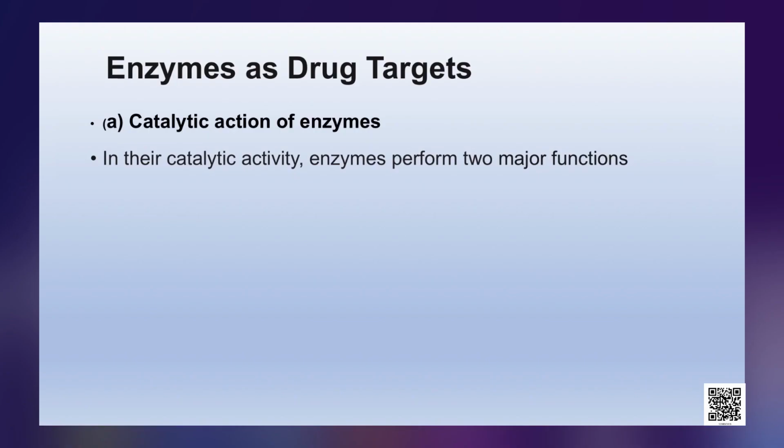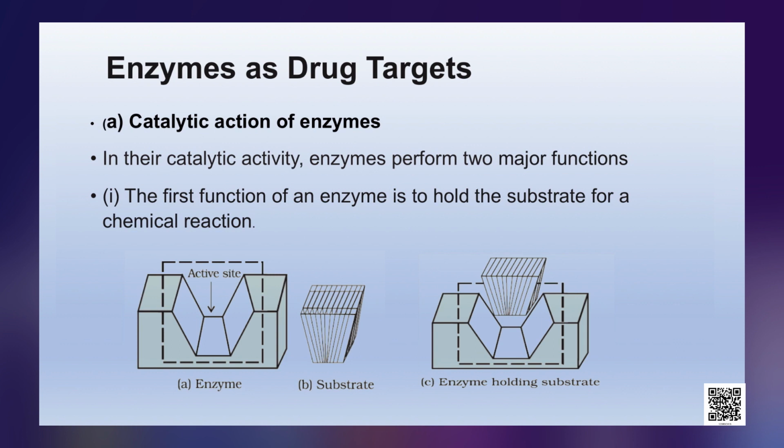Now, we will study enzymes as drug targets. First, we will discuss the catalytic action of enzymes. So, children, to understand the interaction between a drug and an enzyme, we should know how enzymes catalyze the reaction. In their catalytic activity, enzymes perform two major functions. The first function of an enzyme is to hold the substrate for a chemical reaction.